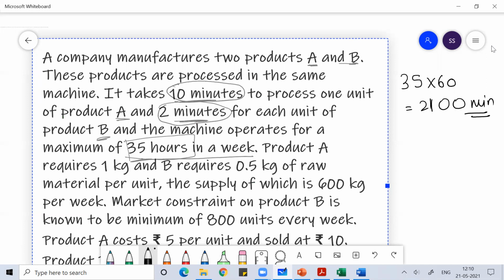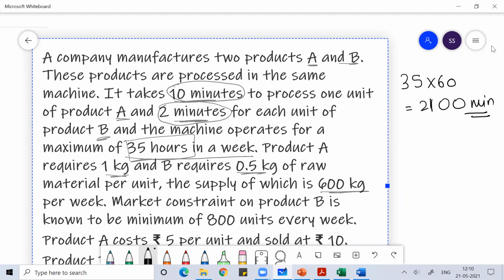Then product A requires 1 kg and B requires 0.5 kg of raw material. So if you want to manufacture one unit of product A, you need 1 kg of raw material, while if you want to manufacture one unit of product B, you require 0.5 kg of raw material. The maximum you have is 600 kg.